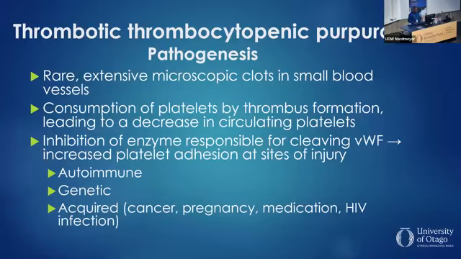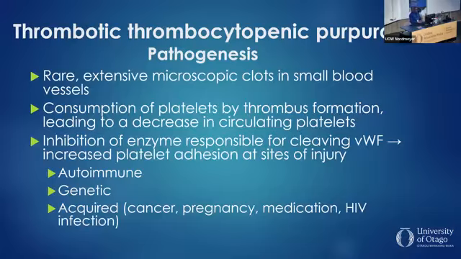The problem is due to an enzyme that is responsible for cleaving von Willebrand factor. In the absence of that enzyme, which is ADAMTS13, large multimers of von Willebrand factor are formed, which then lead to platelet activation and cause this abnormal thrombosis.